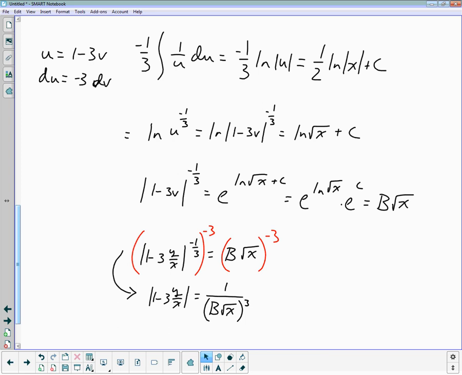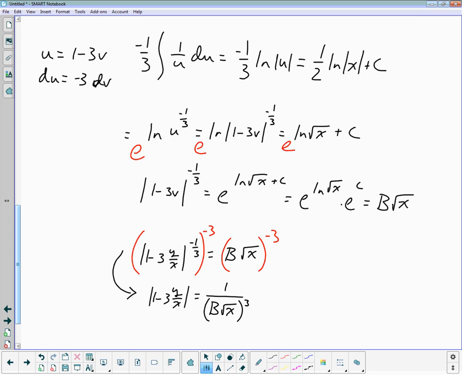Natural log of u to the negative 1/3, this line. What I did was I got rid of the natural logs and wrote the right side in exponent form, jacked an e under both sides. Yeah, okay. So what's going on here is I'm stuffing an e under everybody, right?